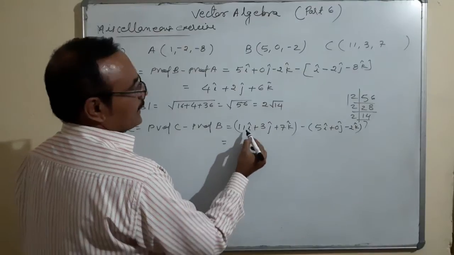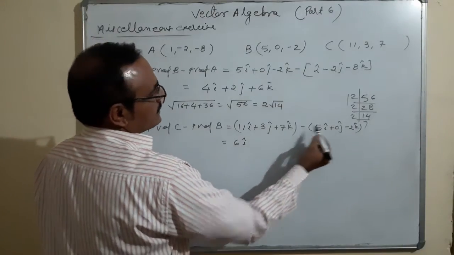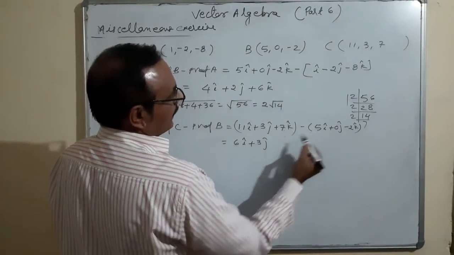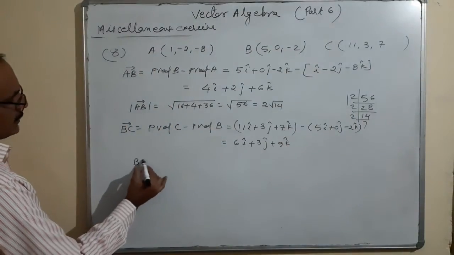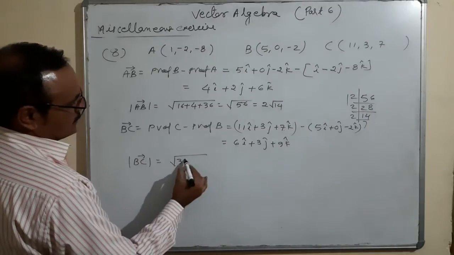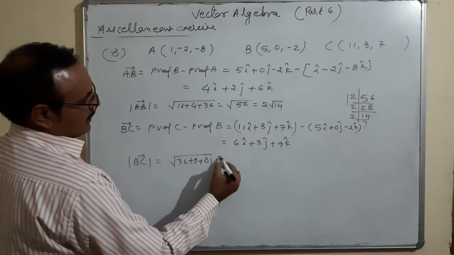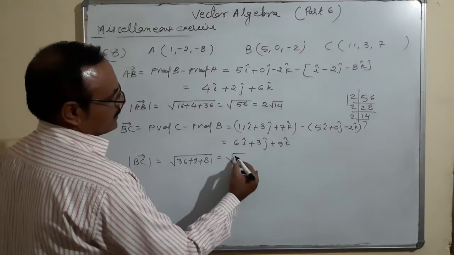So the result is 11 minus 5, 6i; 3j minus 0, again 3j; and 7k plus 2k, 9k. Therefore the magnitude of vector BC is the root of 36 plus 9 plus 81. 81 plus 9 is 90, and plus 36 is 126.